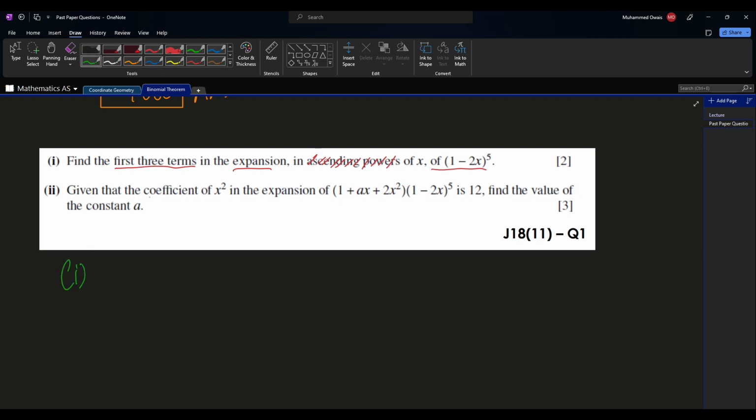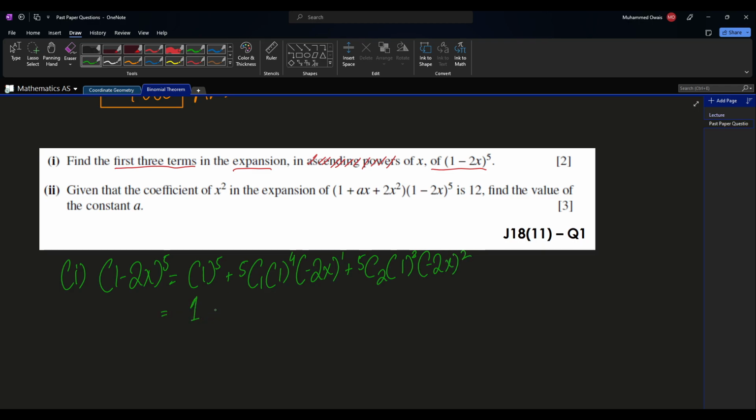So then here now we have to do the question. All we have to do is find the first three terms, which is r is 0, r is 1, and r is 2. Alright, so 1 minus 2x power 5 equals to 1 power of 5 plus 5c1 into a, which is 1. So 5 minus 1 is 4, and b is minus 2x, and this has a power of 1 plus 5c2 into 1. 5 minus 2 is 3, and this becomes minus 2x power squared.